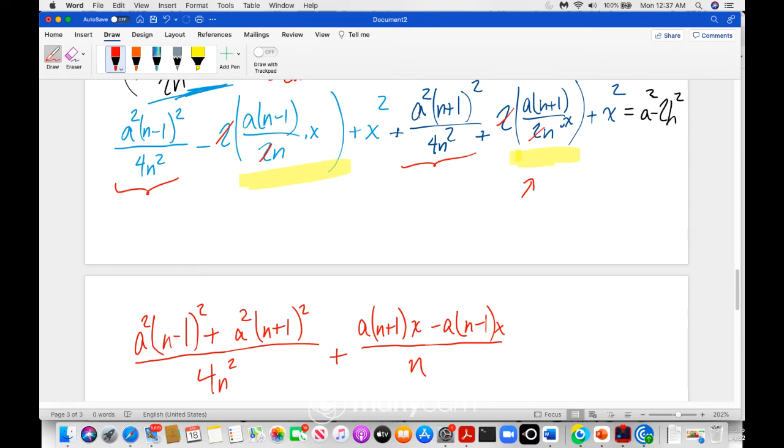Okay, so that's my highlighted terms. Next, I have two x squareds, and that's going to equal a squared minus 2h squared.